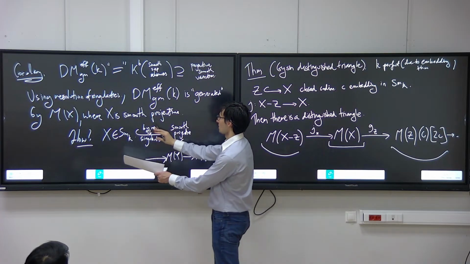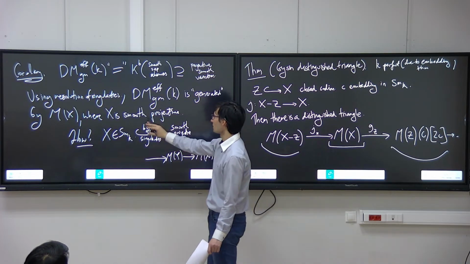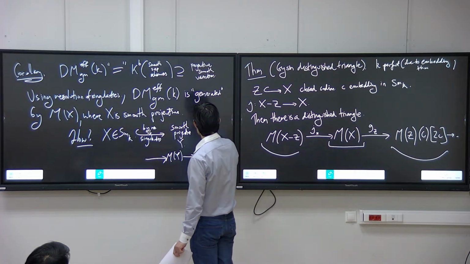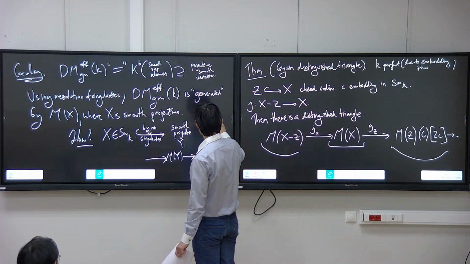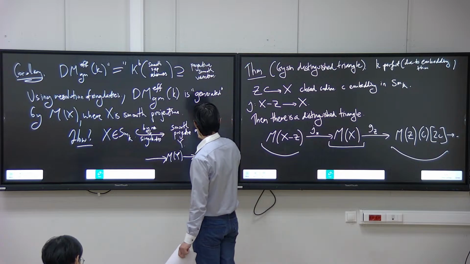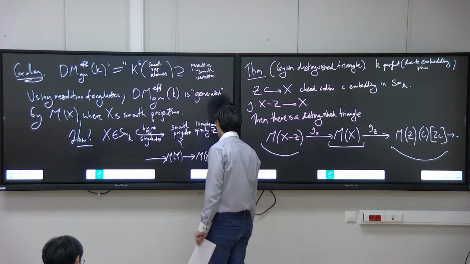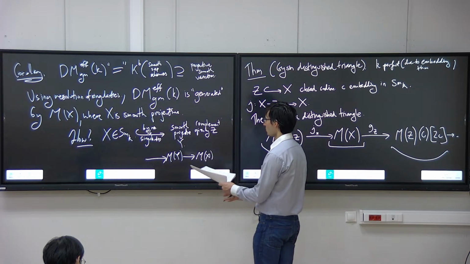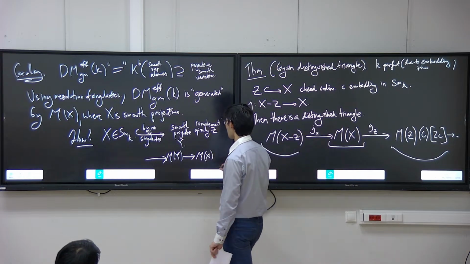Somehow this thing will be the complement, so given by Z, which is some normal crossing divisors of some pure codimension.